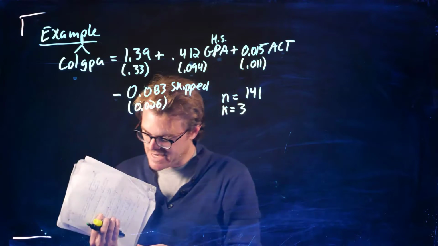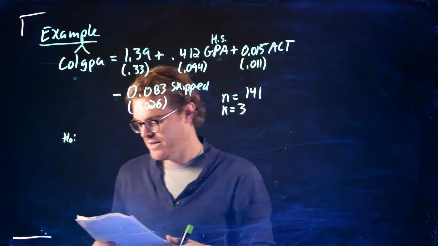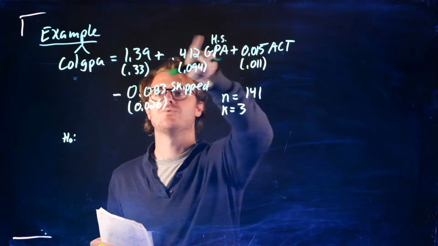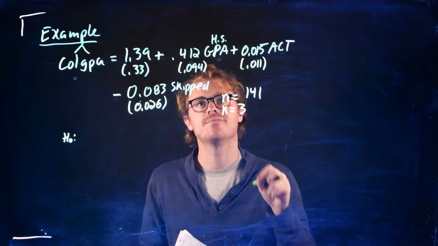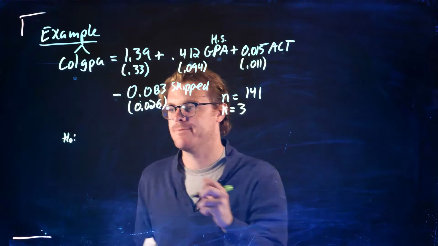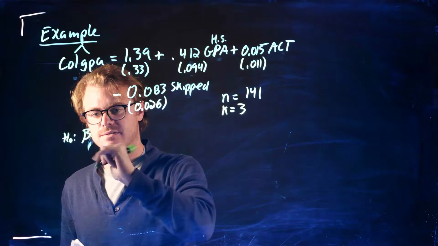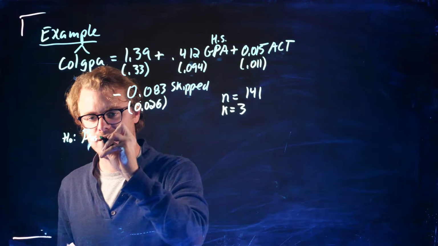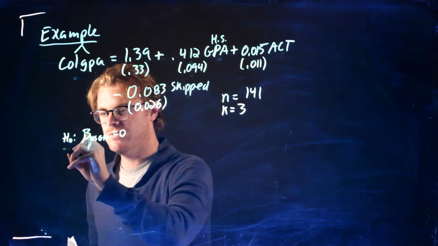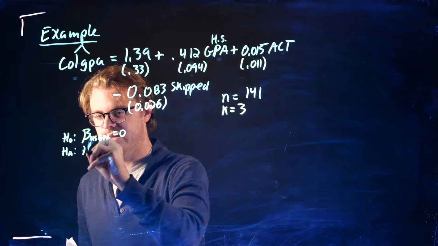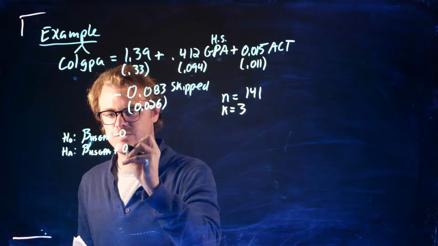Okay, so let's say we wanted to test the effect of high school GPA on college GPA. We want to know if high school GPA has any effect on college GPA. Well, that's testing beta 1, or beta high school GPA, whichever you prefer, equals 0. Our alternative is that the true effect does not equal 0.